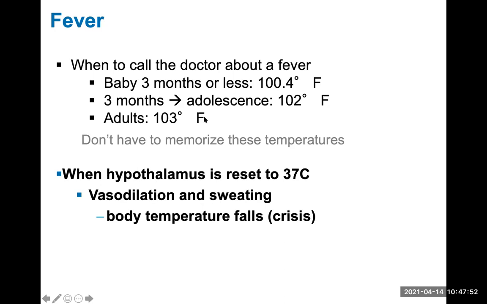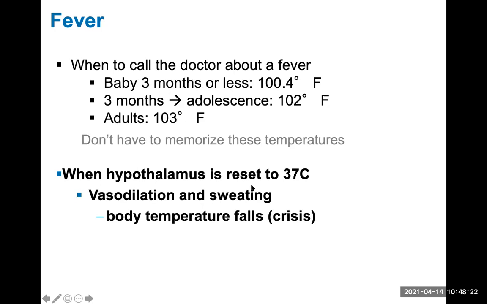Okay, 3 months up through adolescence, they can sustain a fever of 100 and up to 102. If it becomes 102, you should call the doctor. Adults, we can handle a little more, 103. If your fever is 103 or more, you should contact your physician and see what they advise you to do. Again, you don't have to memorize this information here. It's just to help you.